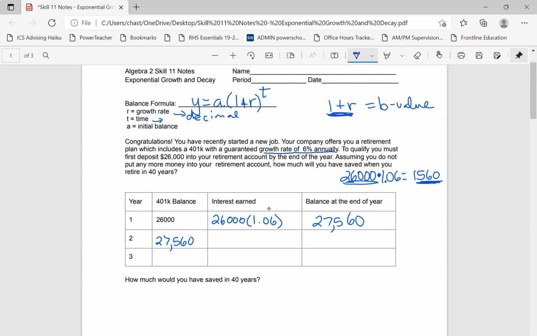That's going to be the balance that we're going to put in the next line. Then we follow this process. We take the 27,560 and multiply it by 1.06, and we get 29,213 and 60 cents. We're going to carry that balance over to year 3.